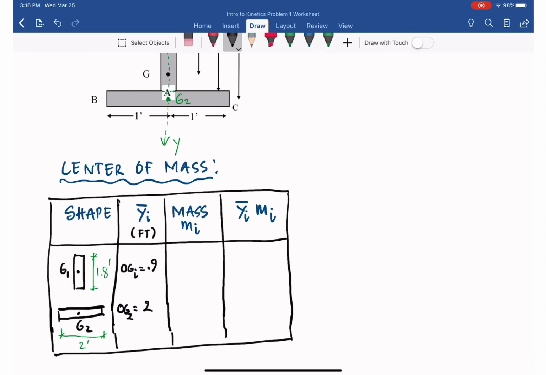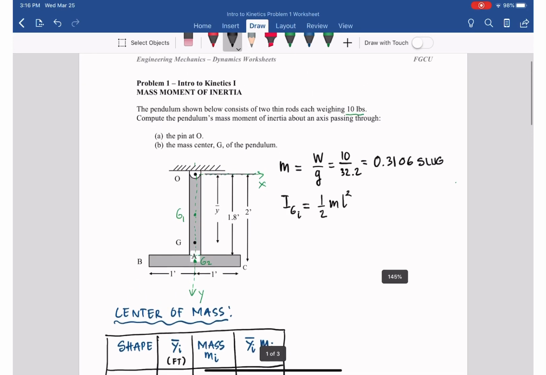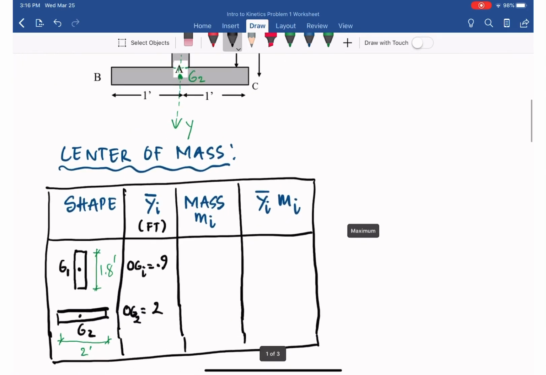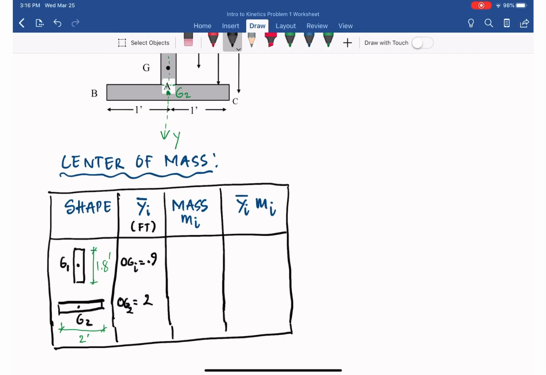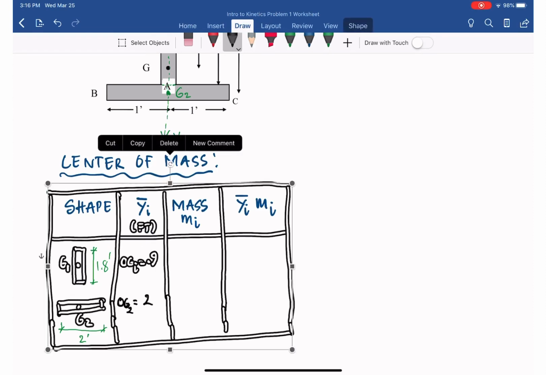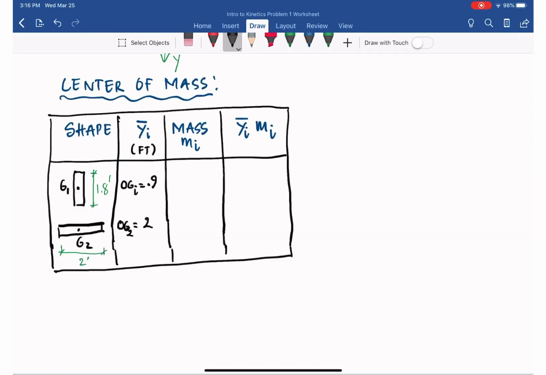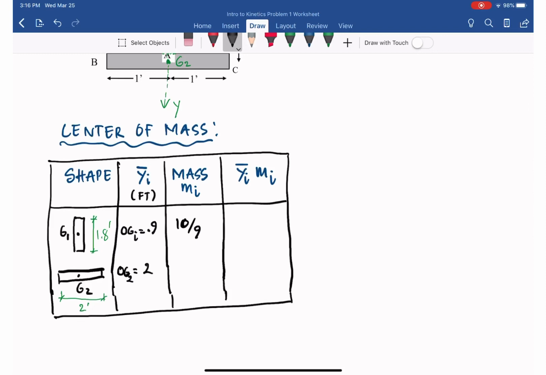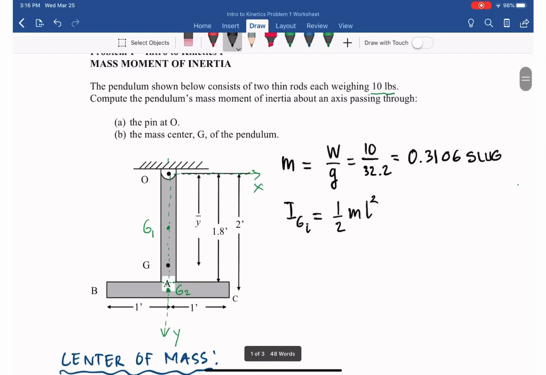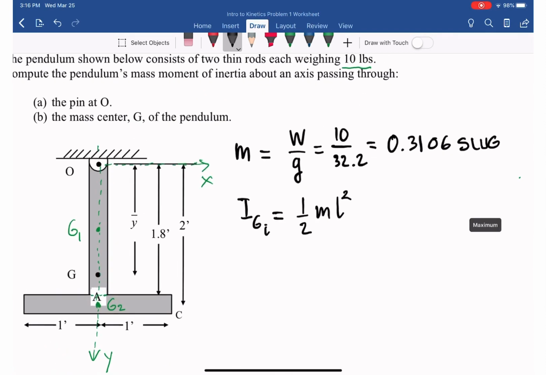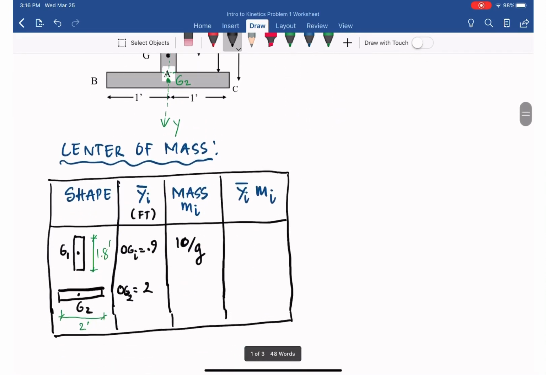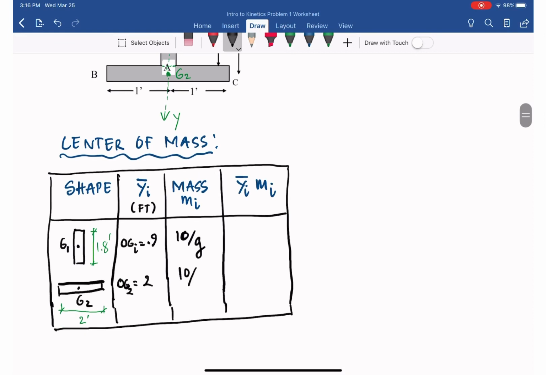The mass of each is 10 pounds, and mass has to be divided by g. So they are the same: 10 pounds divided by g. You can put the number in, 0.3106 slugs, but to make life easy we just put the divide by the gravitational acceleration.